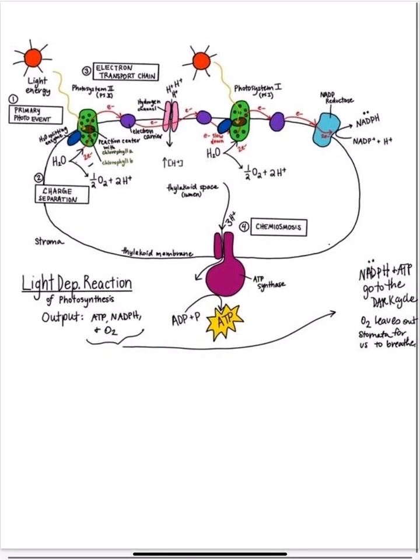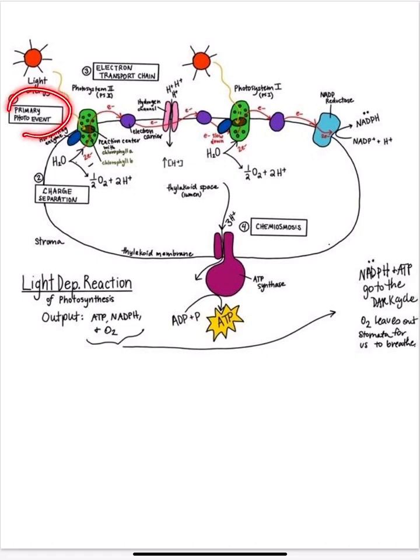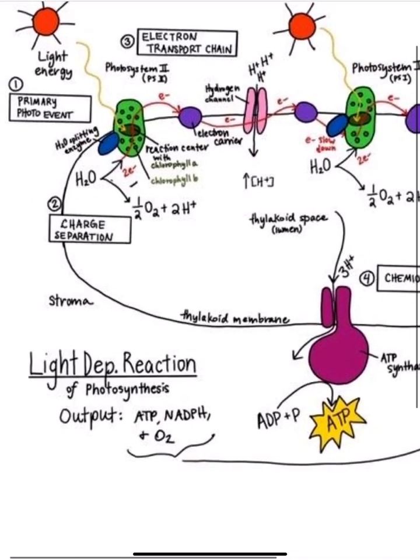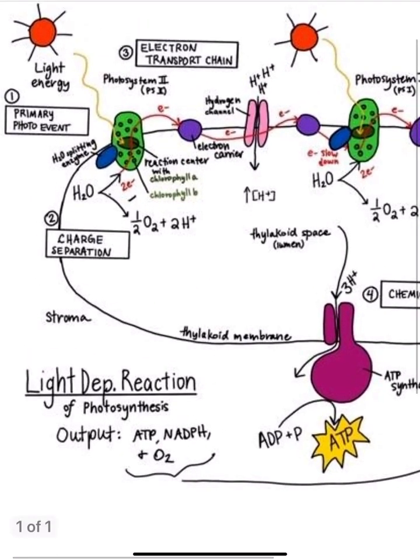So let's start here by looking at what happens during the primary photo event. Light energy moves from the sun in a form of potential energy, of course, but more so kinetic energy, as it moves from the sun in packets called photons.